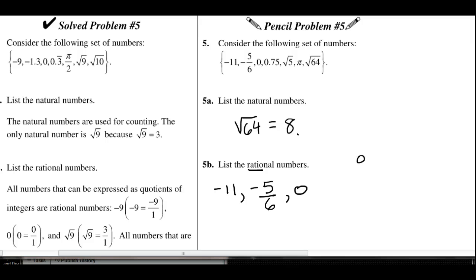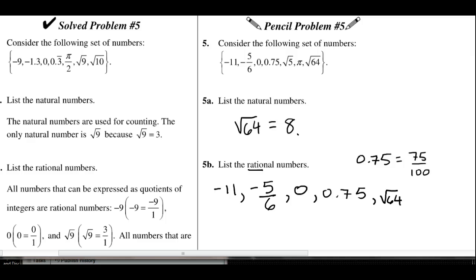So 0.75 really stands for the fraction 75 over 100. So 0.75 is also a rational number. And then we also know the square root of 64 equals 8. So that is, once again, a rational number.